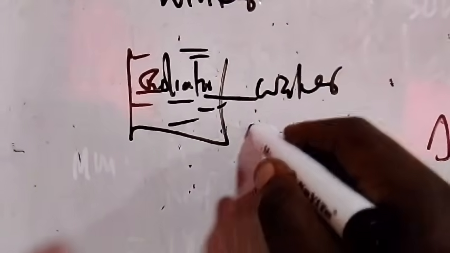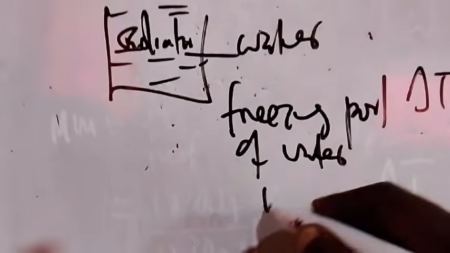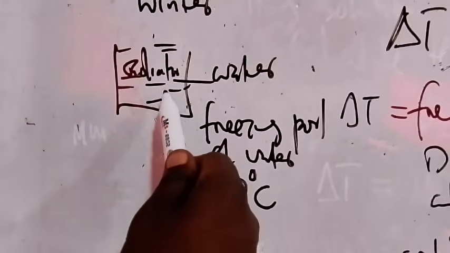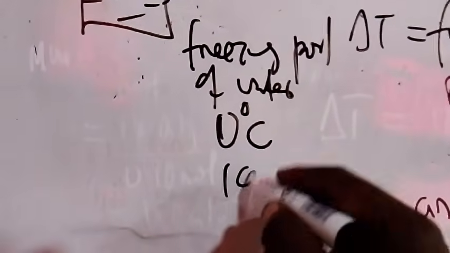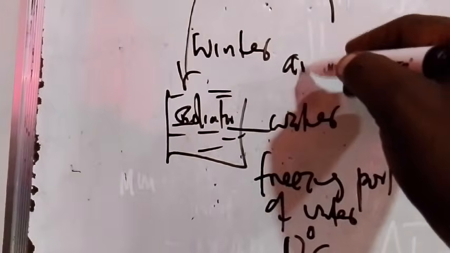We know that the freezing point of water is 0 degrees. So when you put water in the radiator and it reaches 0 degrees, what will happen to the water? Ice will form in the radiator. So to prevent that, we add the coolant, the antifreeze.